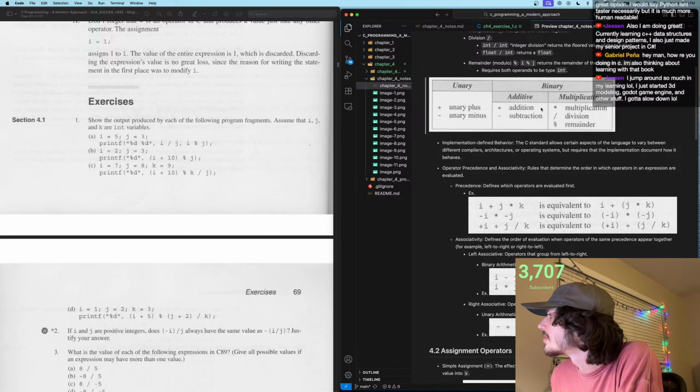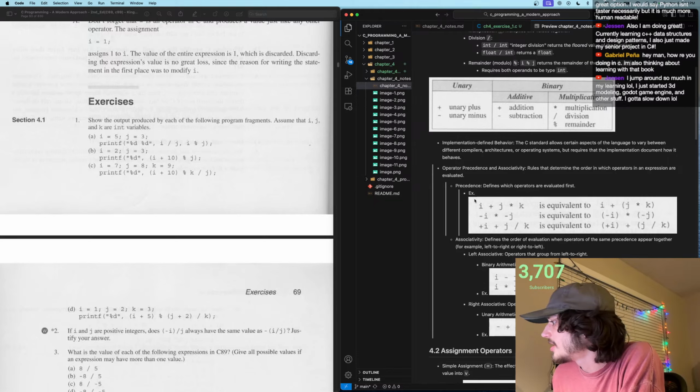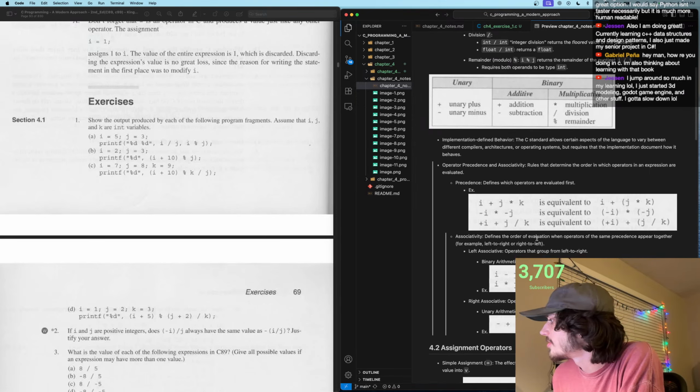So these happen within the same multiplicative binary kind of scope here. So I believe that the associativity to one another would just happen in line left to right as these take place.